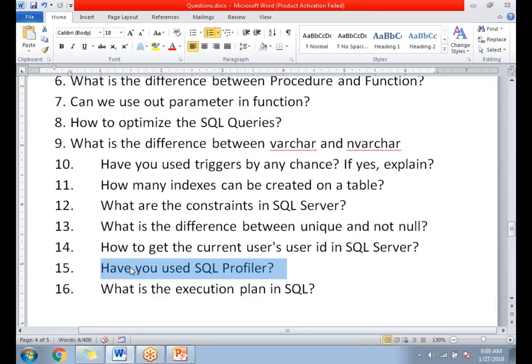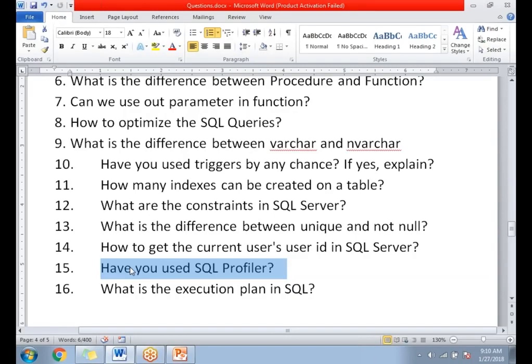Once you run the query and enable the execution plan, you can see exactly where my query is lagging, where it is taking a long time. If there are any missing indexes, it is going to propose them for us. If I create those missing indexes, my queries will run faster and faster. This is the purpose of the execution plan, an important facility in Microsoft SQL Server Management Studio.